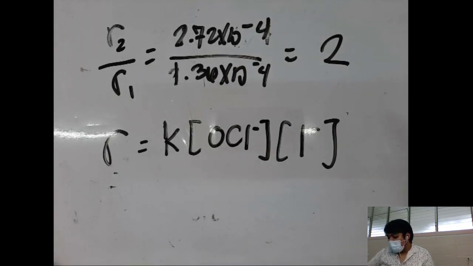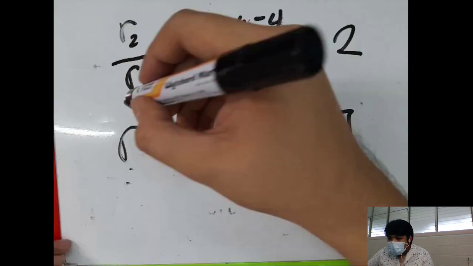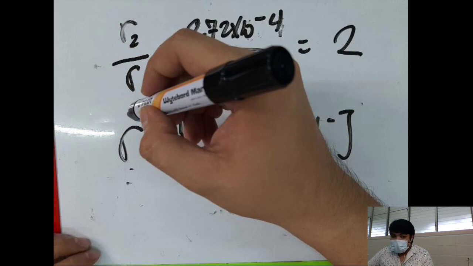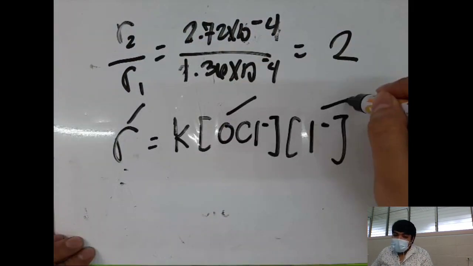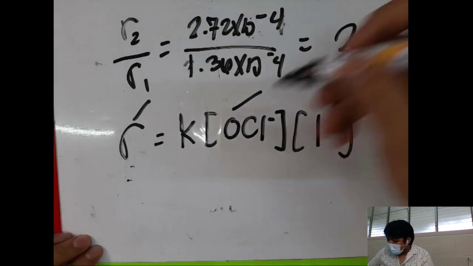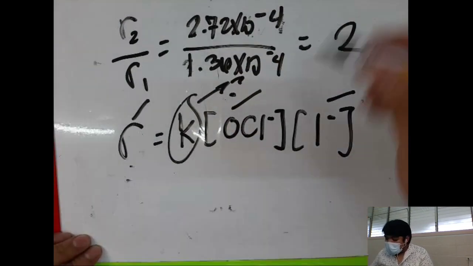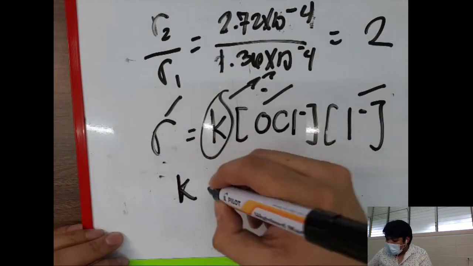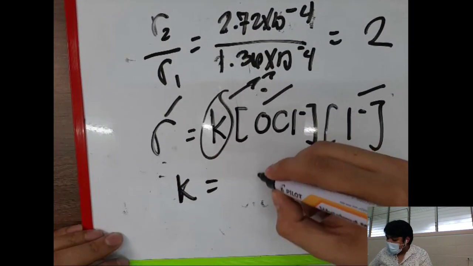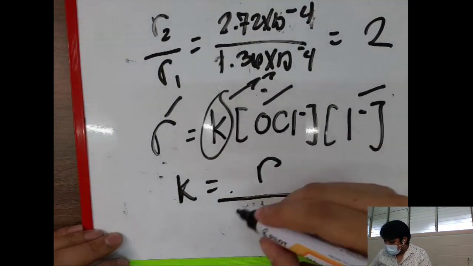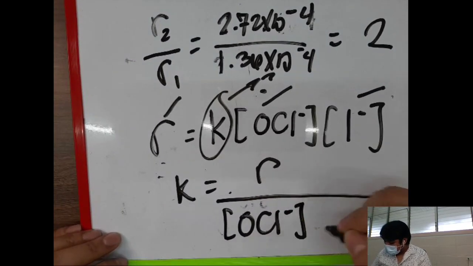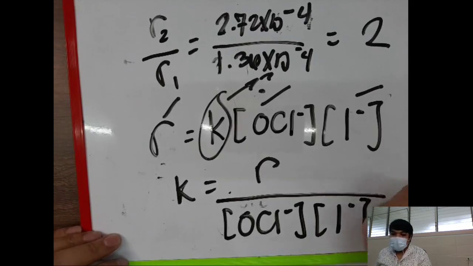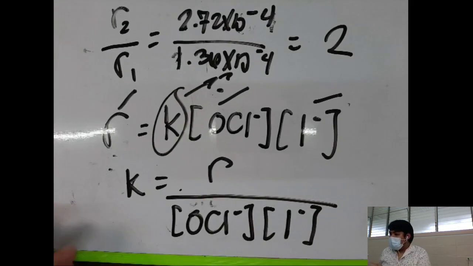Since in the set of data from experiment 1, we already know this one, and this one, it is already given. So this is the unknown. Just rearrange the equation. So rate constant is therefore equal to the rate divided by that one, okay?